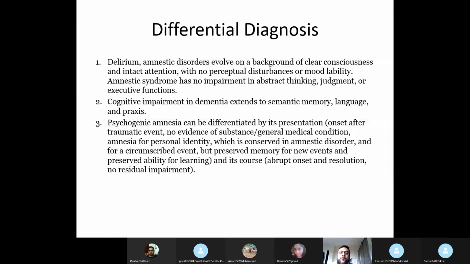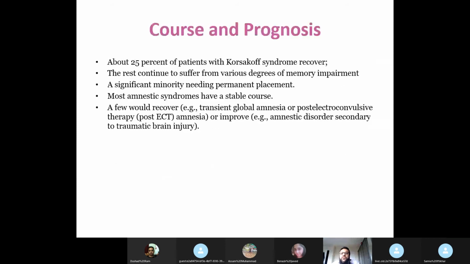Course and prognosis. About 25% of patients with Korsakoff syndrome recover. So you cannot say that it is totally irreversible. That's why we saw a person in the last 2 months who recovered to some extent. Even then, we are giving him the benefit of the doubt.